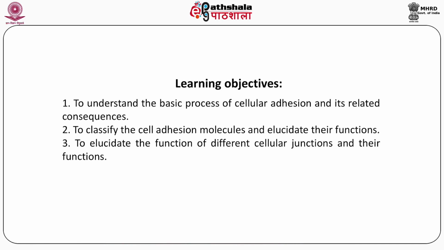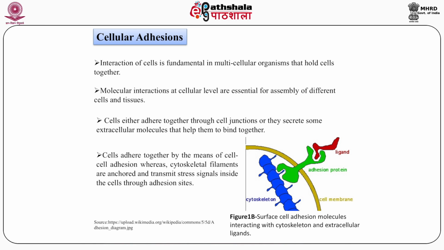Number 2, to classify the cell adhesion molecules and elucidate their structure and functions. And lastly, number 3, to elucidate the functions of different cellular junctions and their relative functions.